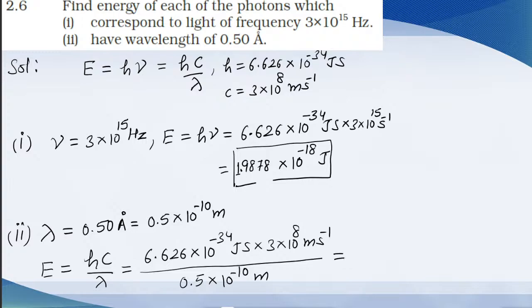So again multiply 6.626 into 3 and divide by 0.5.